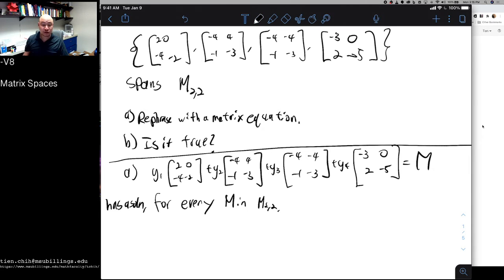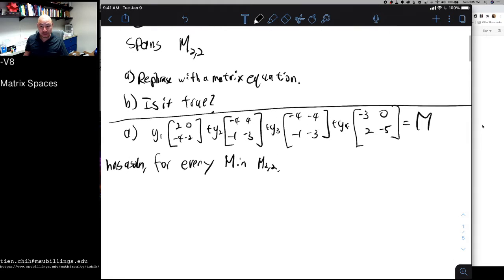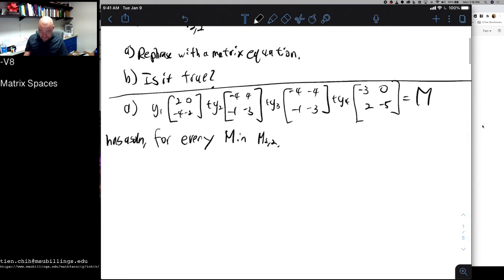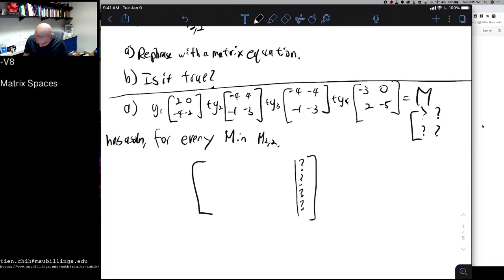Alright, so the question is, what should that be? So once again, I don't know what the entries are of the M that I'm looking at. But this is what I do know. So let's say M is question mark, question mark, question mark, question mark. What I do know is the top left entries should all sum to this first question mark, right?